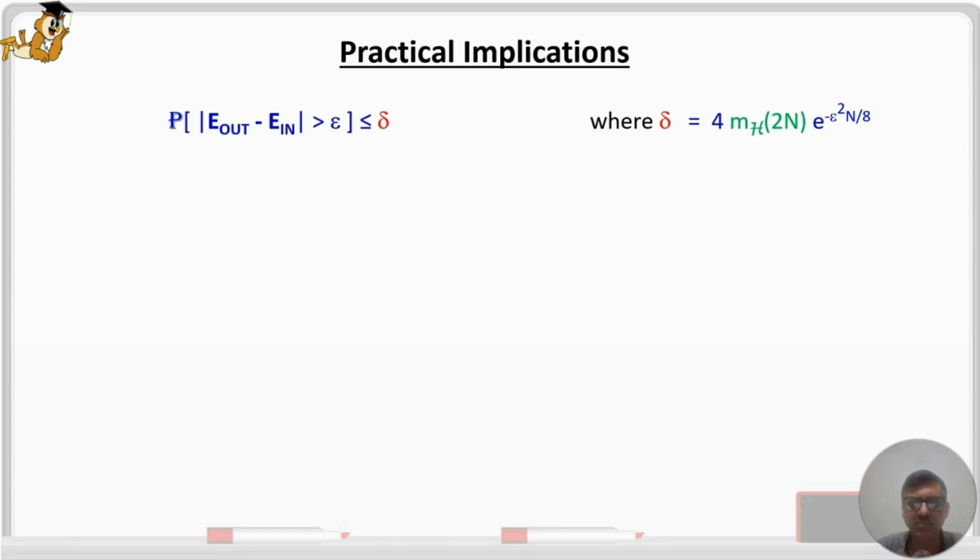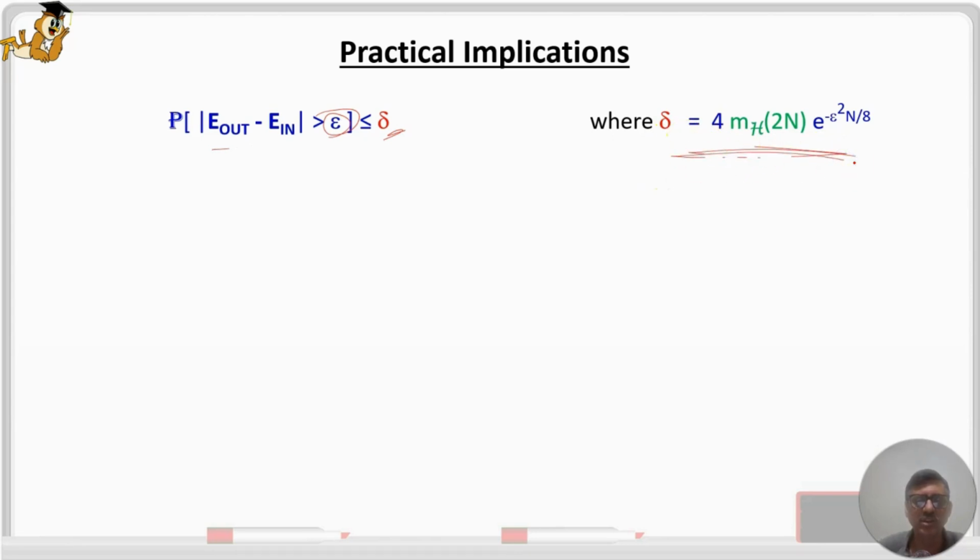While this result is important in its own right, let us see some of the practical implications of the VC bound. The VC bound told us that the probability of the absolute difference between E out and E in exceeding a given epsilon is less than delta, where delta is this.